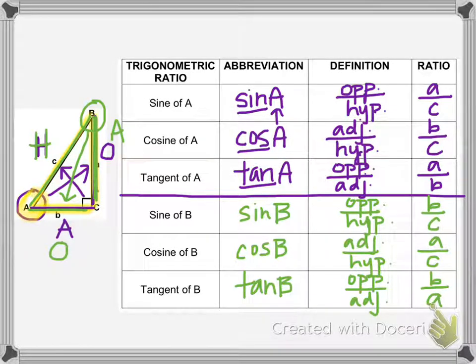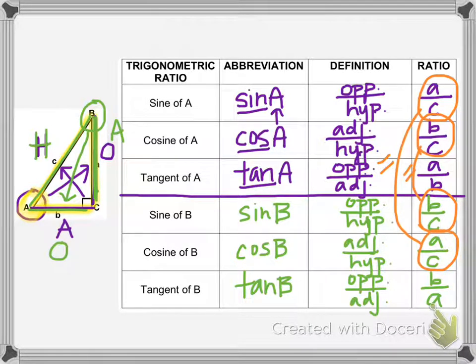Now what I want you to do is see how these ratios in green compare to the ratios in purple. What you should notice is that the sine of A, let me get a different color, the sine of A is the same as the cosine of B. These are equivalent. You should also notice that the cosine of A is the same as the sine of B. These are equivalent.